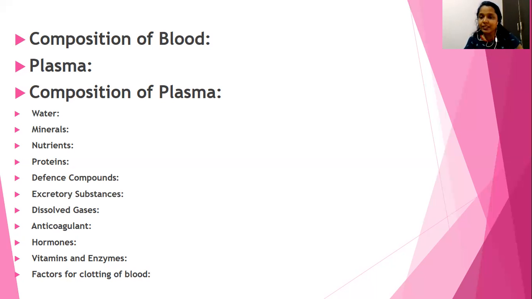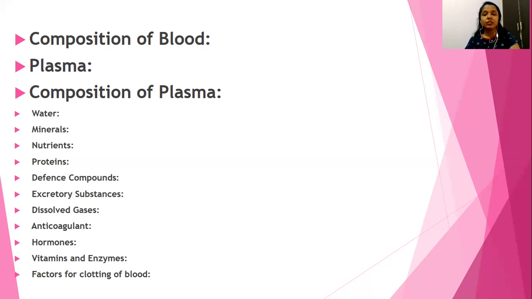As I said, blood is a liquid media that circulates throughout the body, and all our cells are involved in metabolic processes. At the end of the metabolic process, there is a release of excretory substances like ammonia, uric acid, urea, creatinine, which are released into the blood.